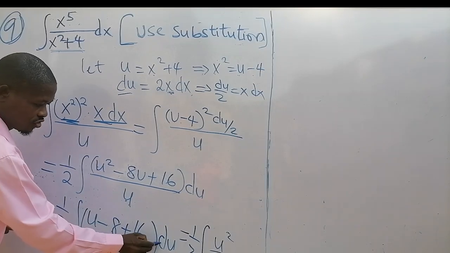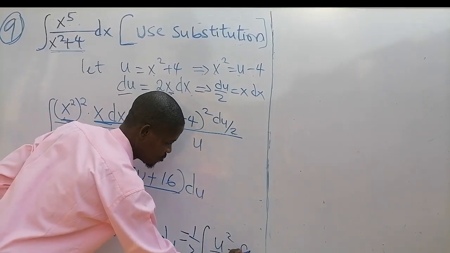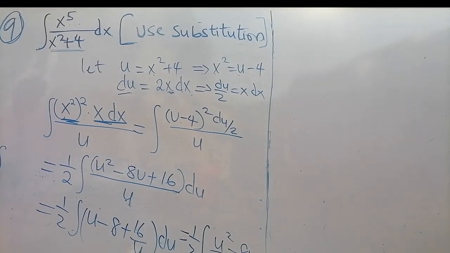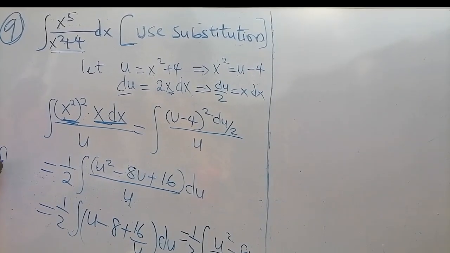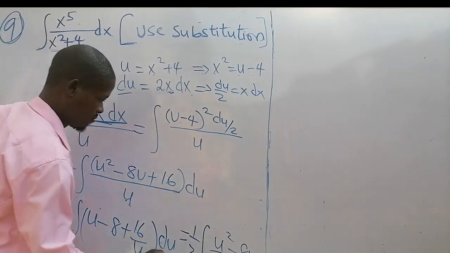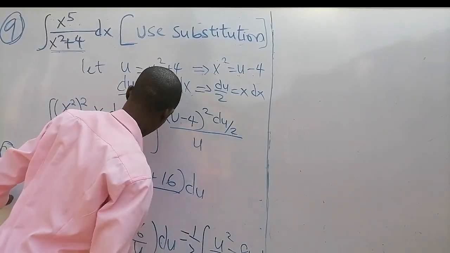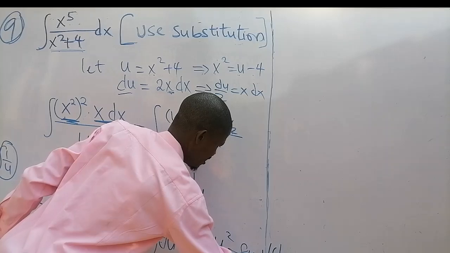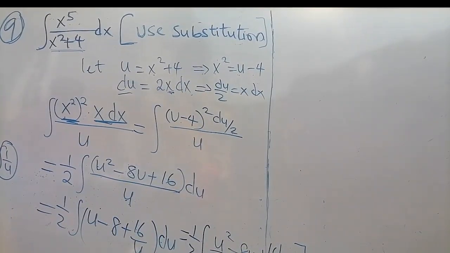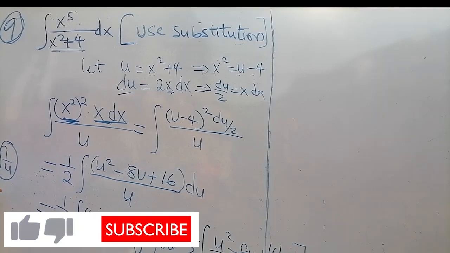Integral of 8 du is going to give me minus 8u. Then this 16, you can take the 16 out, and that 1 over u, if you integrate this one, it's going to give you ln u. So plus 16 ln u. So that's what we have, and that's that. It's as simple as ABC.